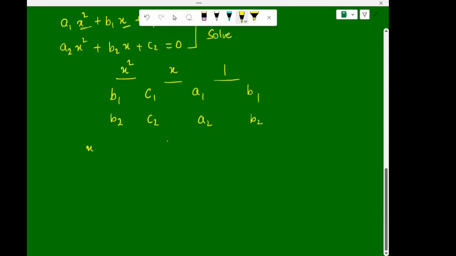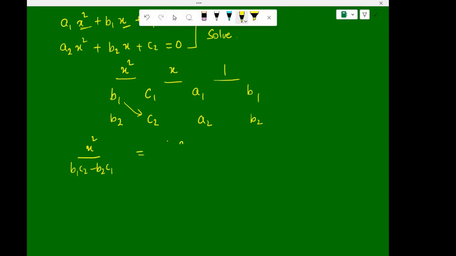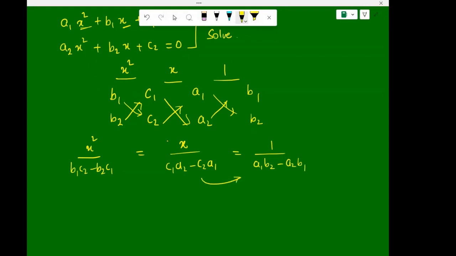So now, x square by b1 into c2 minus b2 into c1 is equal to x divided by c1 into a2 minus c2 into a1, which is equal to 1 by a1 b2 minus a2 b1.